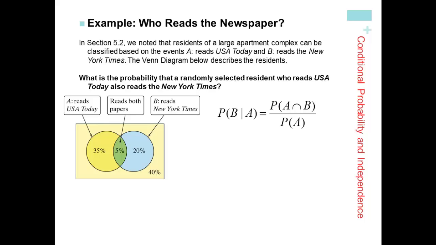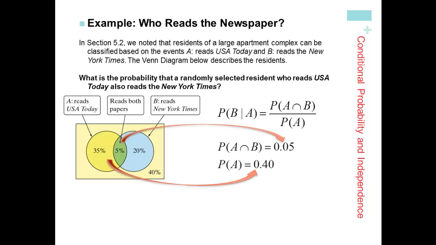So here's my formula. The probability of B given A will equal the probability of A and B divided by the probability of A. The probability of A and B is the overlap. That's who read both papers, and that's 0.05. The probability of A is the probability that someone reads the USA Today, which is 0.40, or 40%.